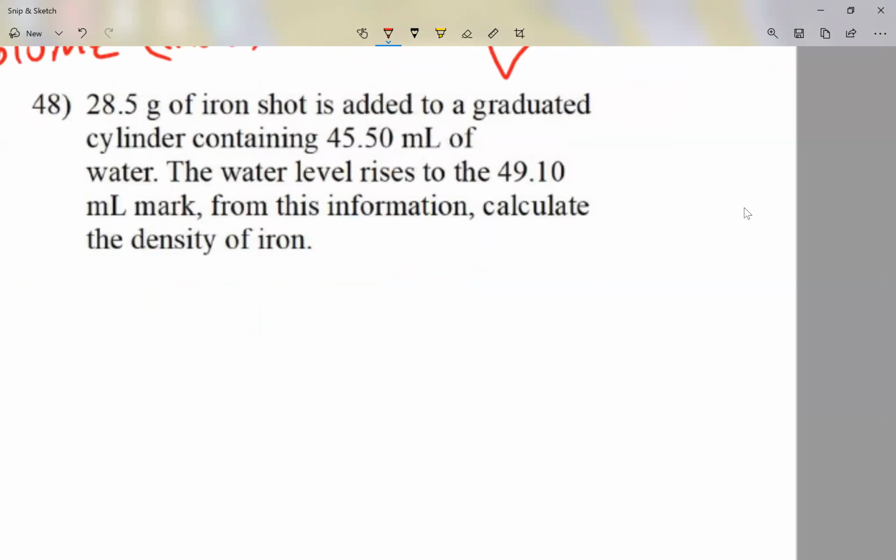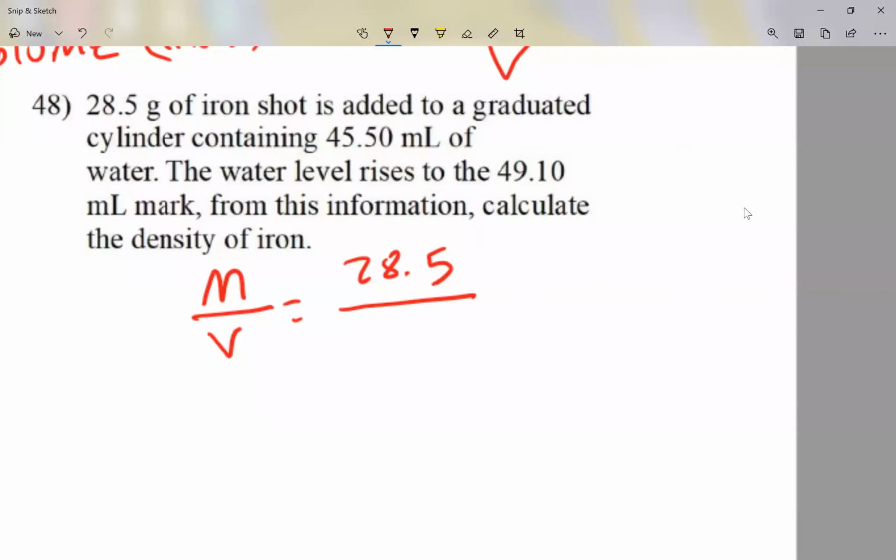Let's take a look at number 48. 28.5 grams of iron shot is added to a graduated cylinder containing 45.50 milliliters of water. The water level rises to the 49.10 milliliter mark. From this information, calculate the density of the iron. All right, so I'm just going to go mass divided by volume. Mass, I can see that it's 28.5.